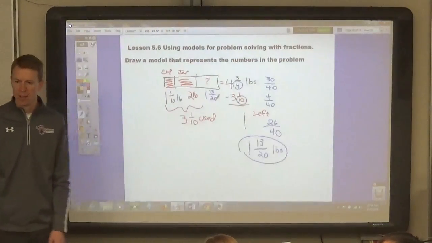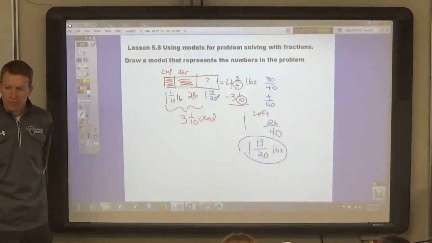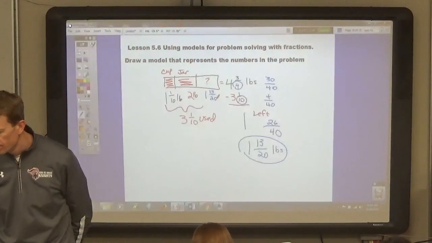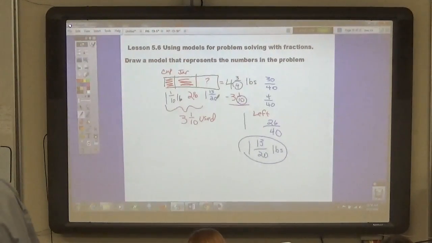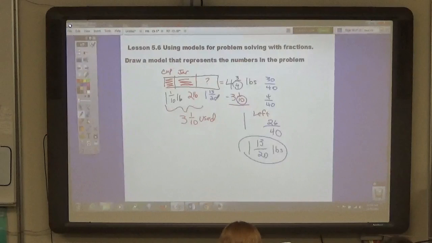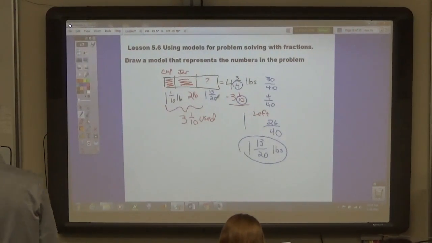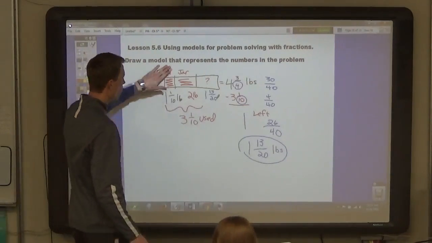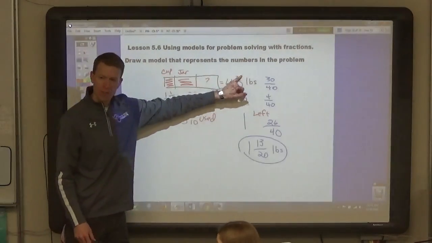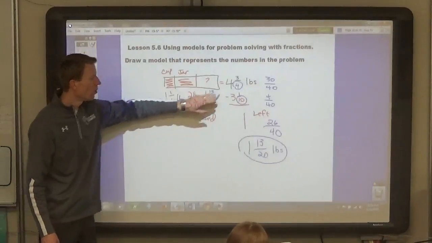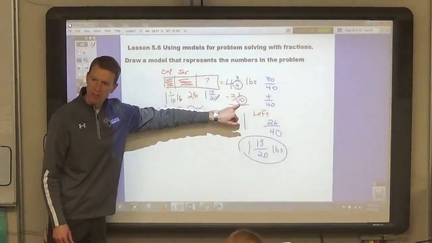Yes? Okay. Oh, sure, you subtracted them separately. So you took 1 1/10 away from 4 3/4, and then 2 away from the remaining amount.